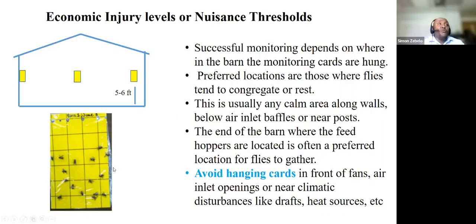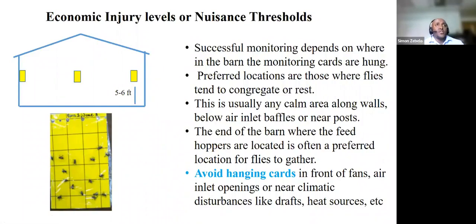And then we need to avoid placing these cards in front of fans, air inlet openings, or near climatic disturbances like drafts and heat sources. We have to avoid these locations. Other than that, especially where the feeding hoppers are located in the rear area, that's the best place to put these traps for monitoring of flies.